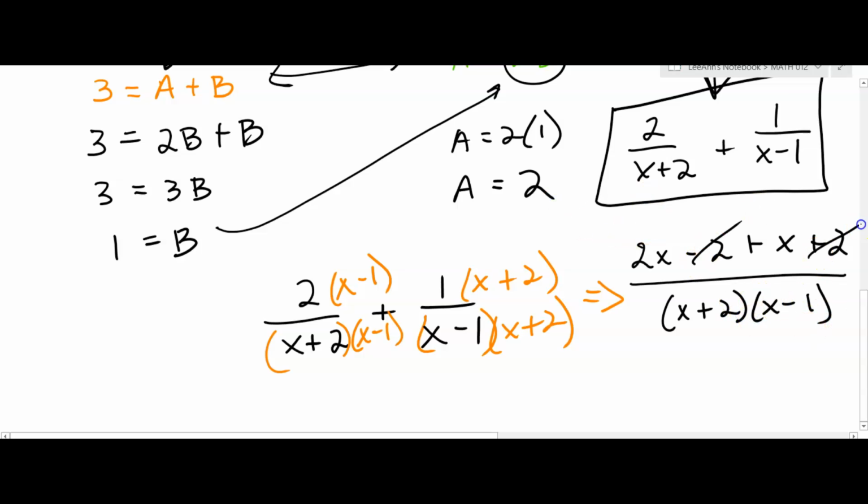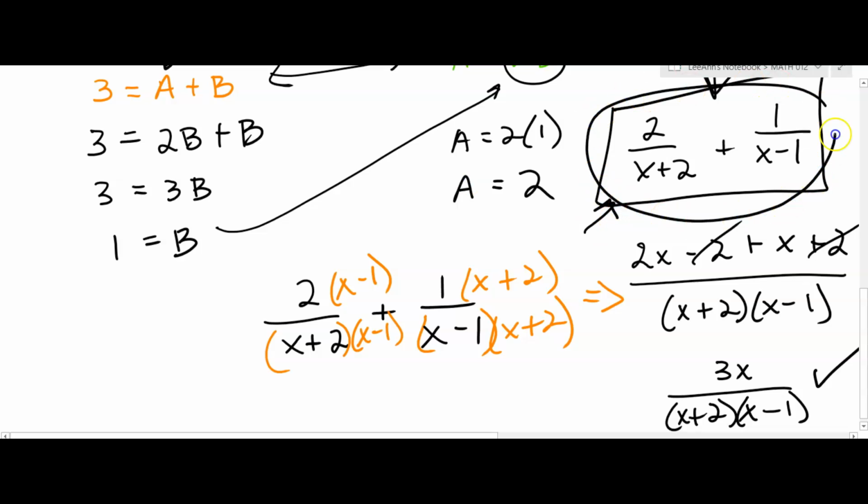And then the 2's would cancel. 2x and x would be 3x. Yep, it really worked. So I love a good partial fraction decomposition problem. That's the check. The answer is up here, my box here, which is now a circle.